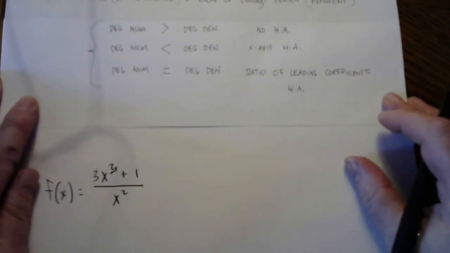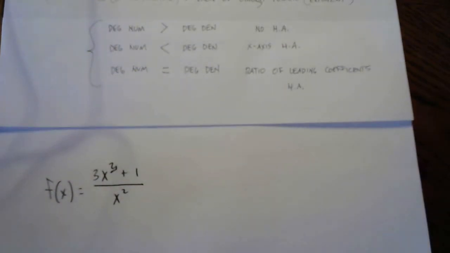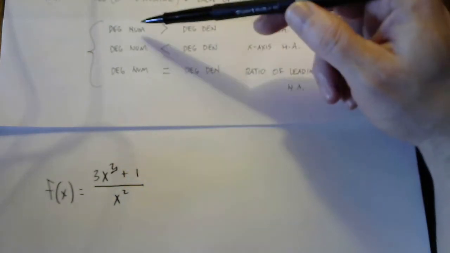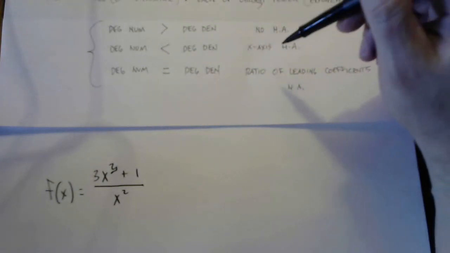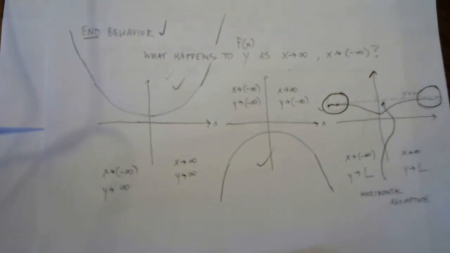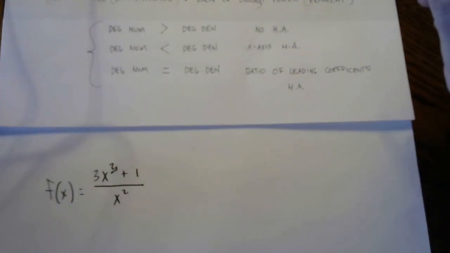We're going to compare degree of the top and bottom, the numerator and the denominator. So in this case, the numerator is degree 3, this is degree 2. The numerator exceeds the denominator, you have none. There are no asymptotes, so you have essentially something more like this or this. So if that's the case, you don't worry about them.